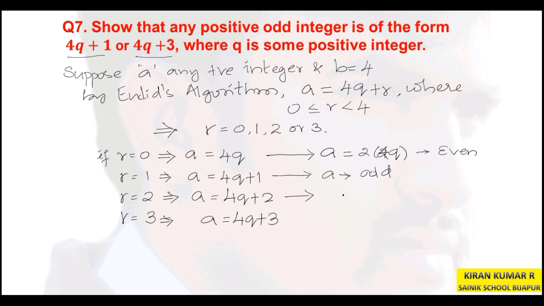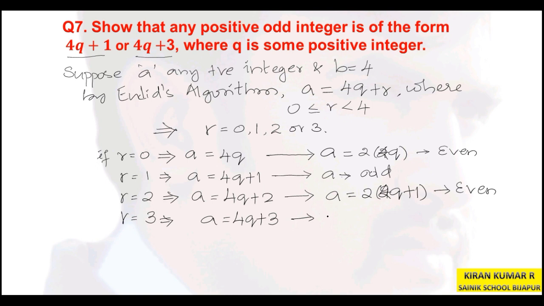Look at this expression. Here we can write this with 2 common. 2 is taken common, we get 2 times q plus 1, a multiple of 2, so it is even. This one is 1 added to the previous statement, 4q plus 2 plus 1.